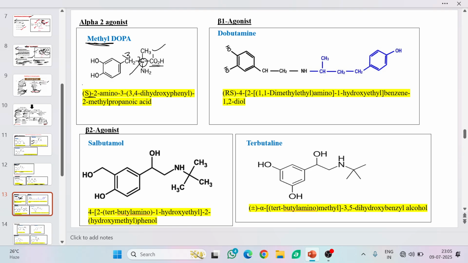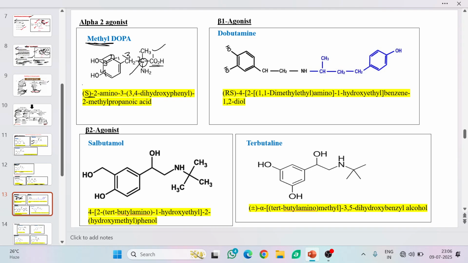Then in bracket 2S, then 2-amino, here 2, this is amino, then 3-(3,4-dihydroxyphenyl). So here 1, 2, 3, and this is 4. So 3,4-dihydroxyphenyl, 2-methylpropanoic acid.